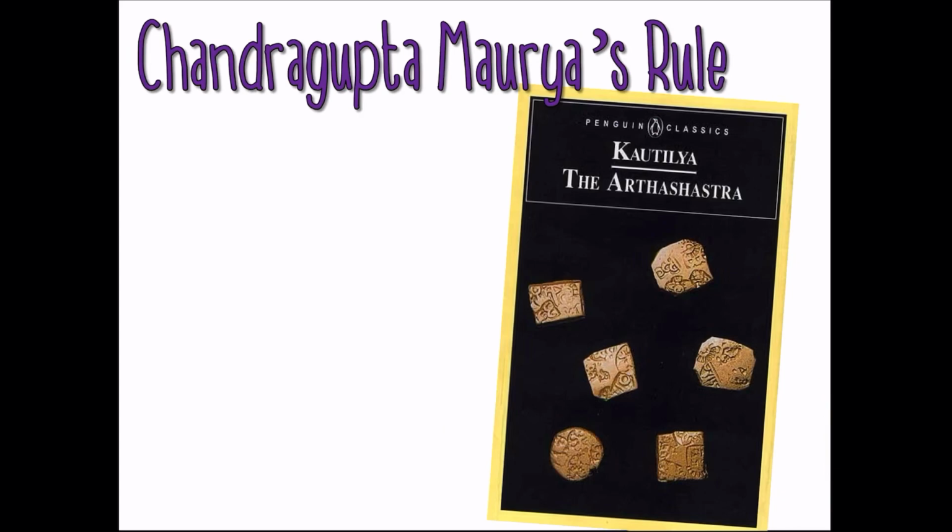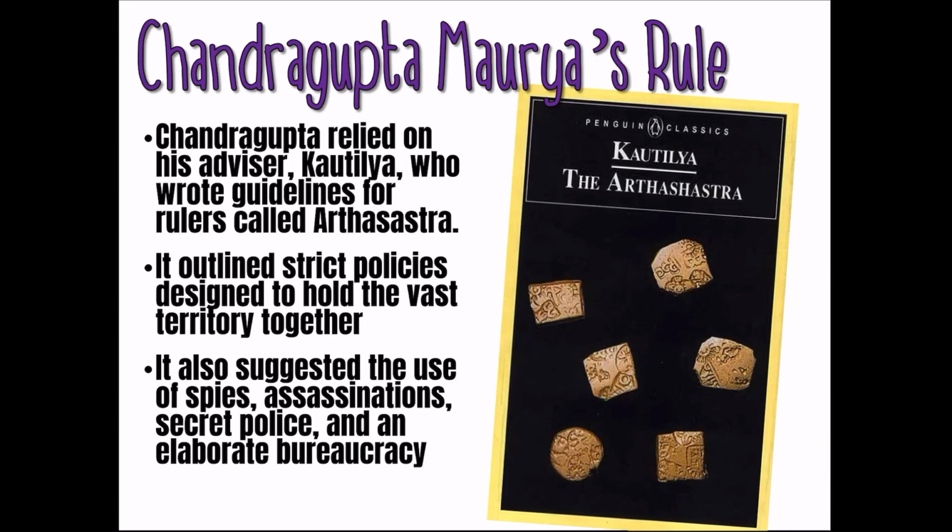All right, when we talk about how he was as a ruler, we want to look at a person called Kautilya. So Kautilya was one of his advisors. Kautilya also wrote a book called the Arthashastra, and Chandragupta really followed the advice of Kautilya when it came to leadership. So in this book, it called for a leader really to do anything necessary to keep power. Kautilya really did not believe that people could be trusted.